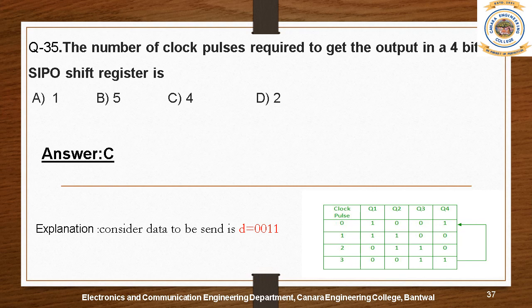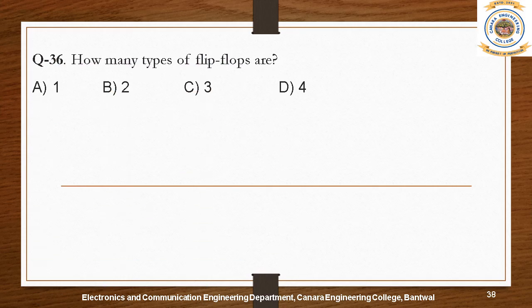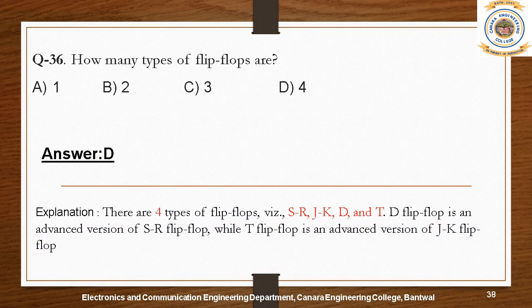That is 4 bits. So with 4 clock pulses, it can shift the data 1001. Next question: how many types of flip-flops are there? 4 types: SR, JK, D, and T.